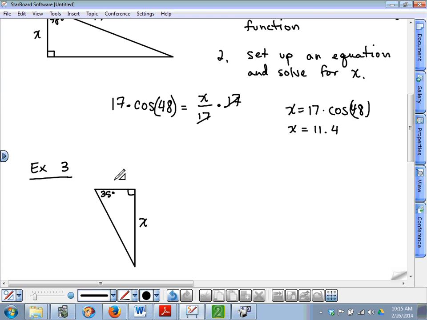Just try to solve this on your own. Write it down, get as far as you can get without a calculator. You can't just use any random trig function. It has to be the one that fits this picture.